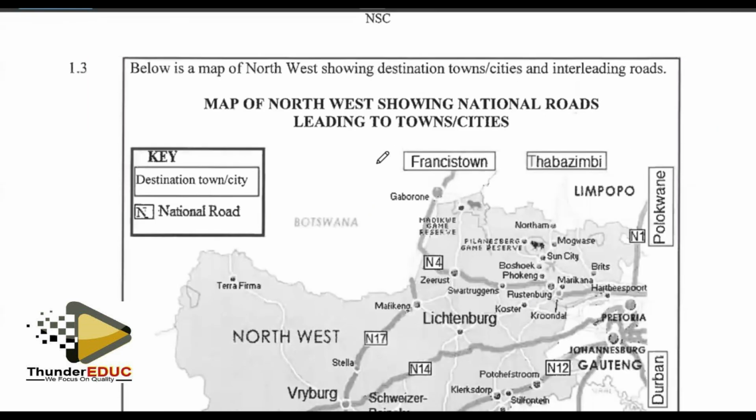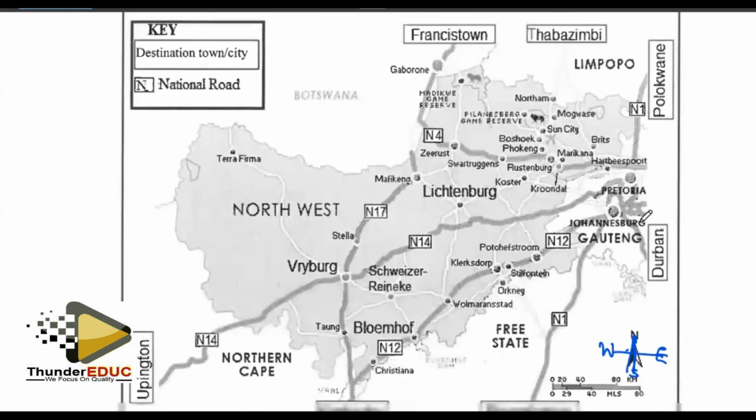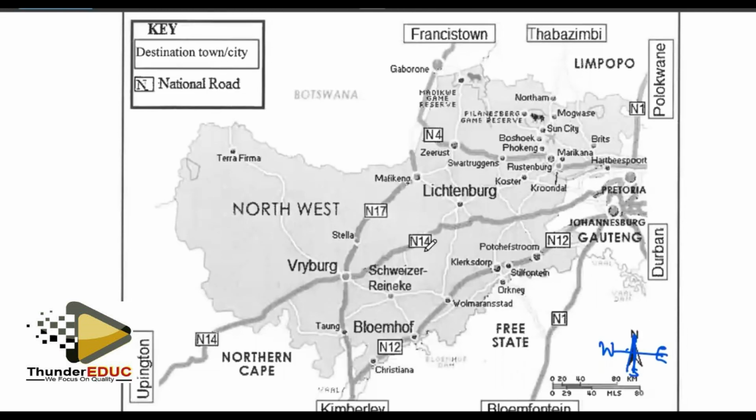If it has no compass, we take it by the compass here. This is the compass now. So we have north, south, this side becomes east, and this is west. So we are supposed to look on this side here, east of Northwest. So here I say Gauteng.